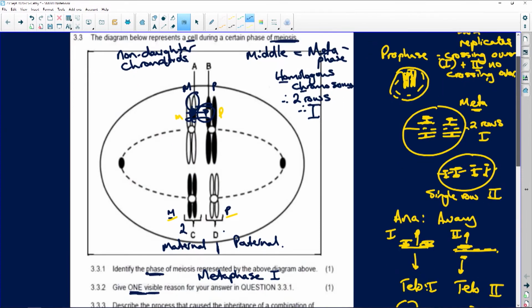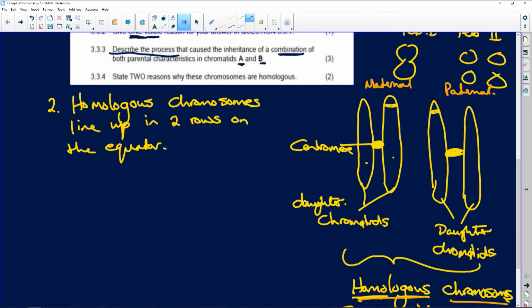So what is the process? The process is called crossing over. So for question 3, we're looking at crossing over. Okay, so there are no marks for writing that. I'm saying that's what the process is so that you know what the process is. And this is what you would say.